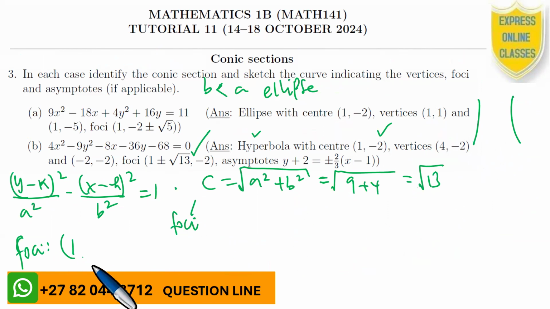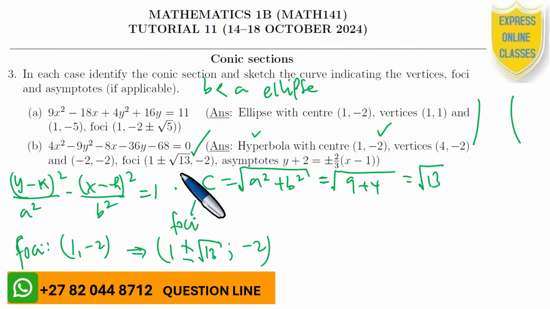We're going to affect the x component. So if the center is 1 minus 2, it's going to be transformed to 1, then we add plus or minus the square root of 13, with minus 2. So that becomes the foci.